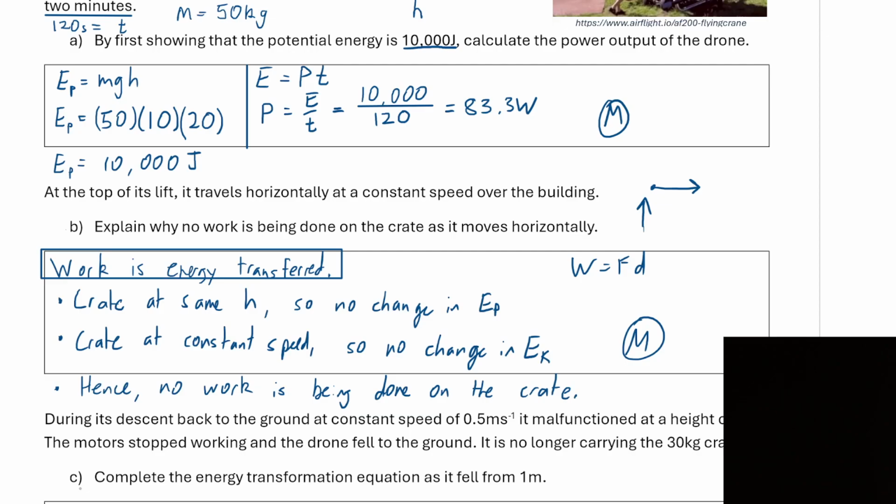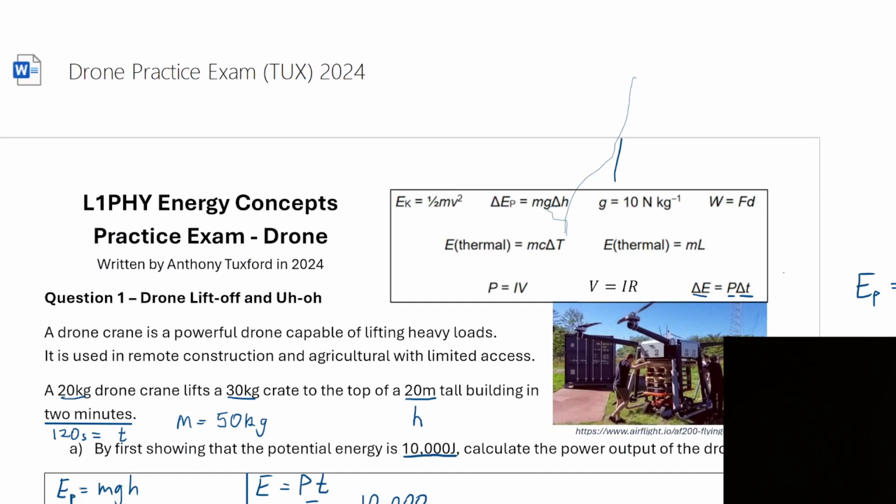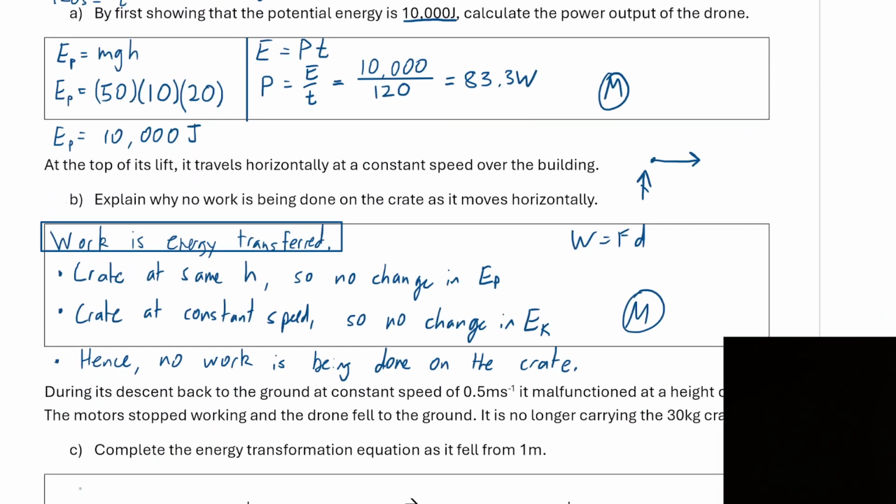So there's a force acting on the crate going up to oppose its weight force, so that it doesn't fall. And so that upwards force is vertical, whereas it is moving to the right. And since these two are perpendicular, they're at right angles, there is no work done. So have a look in the mark scheme for that other argument.